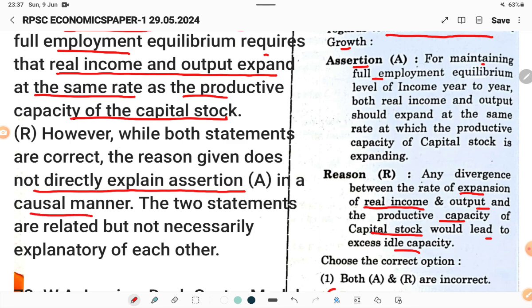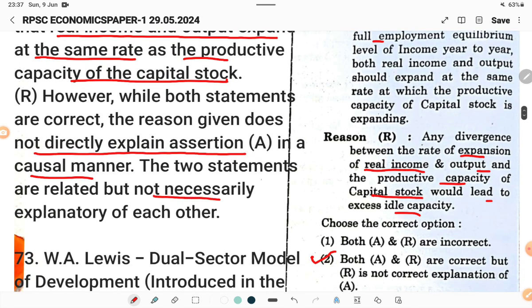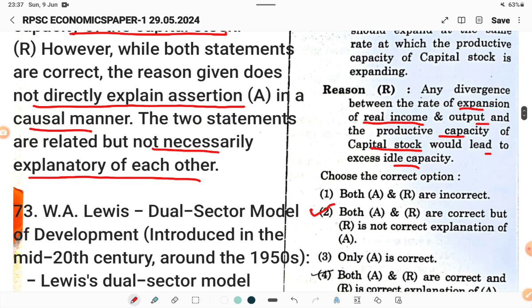The two statements are related but not necessarily explanatory of each other. So the second option will be the right answer here.